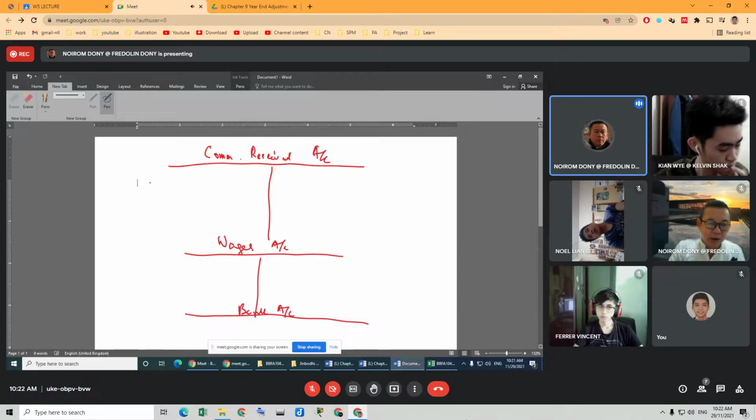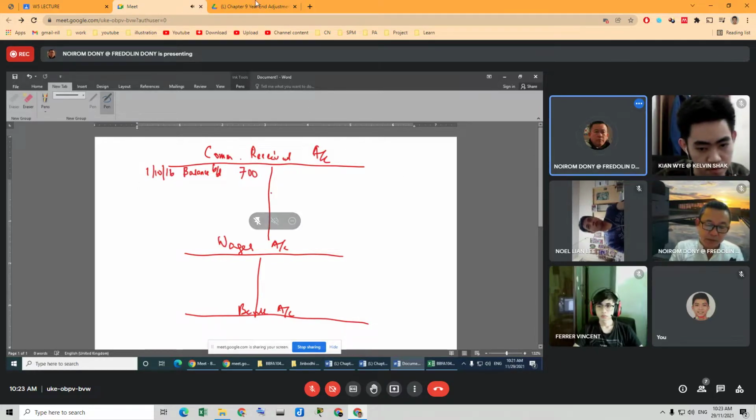So you need to record the date first. The date is 1st of October 2016. I use this format because it's much easier for me to understand. And then I put the opening balance brought down, and the amount is 700.